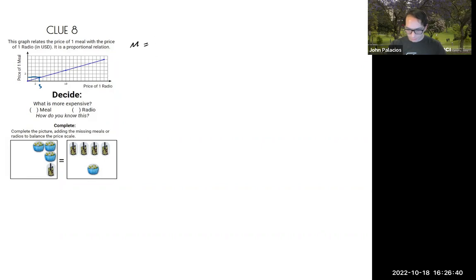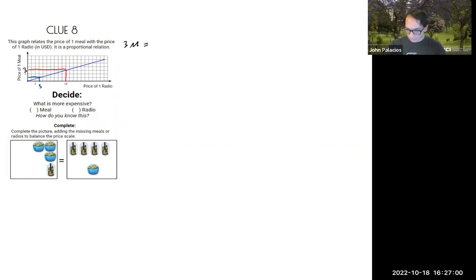Let's see, what do I want to say? Something that might be helpful is here at 3, we can go to the right, and then we hit the line at 10. So we have the following relation that might also be helpful.